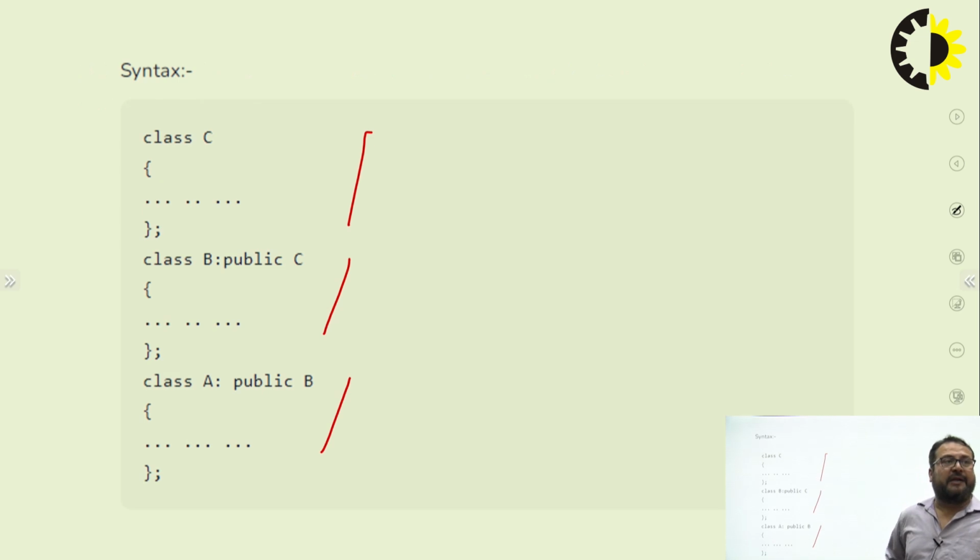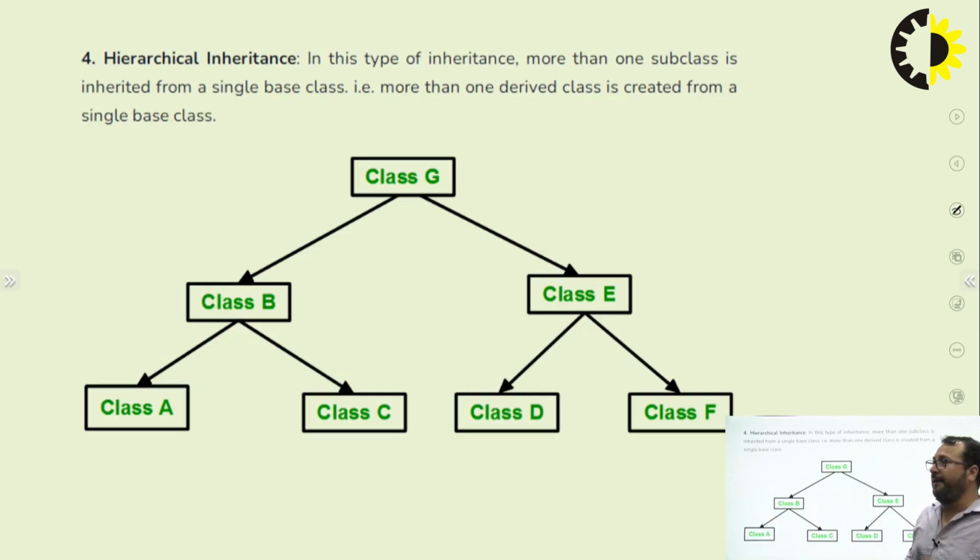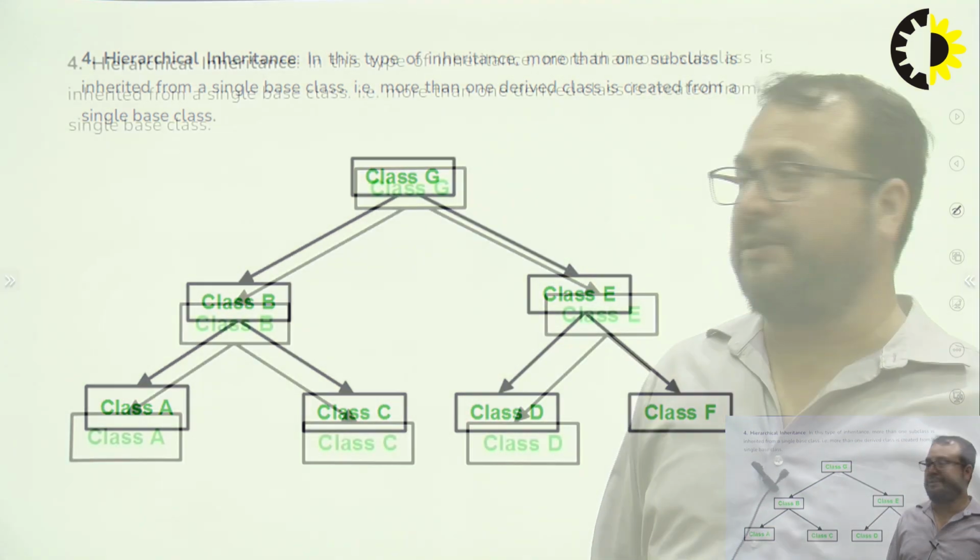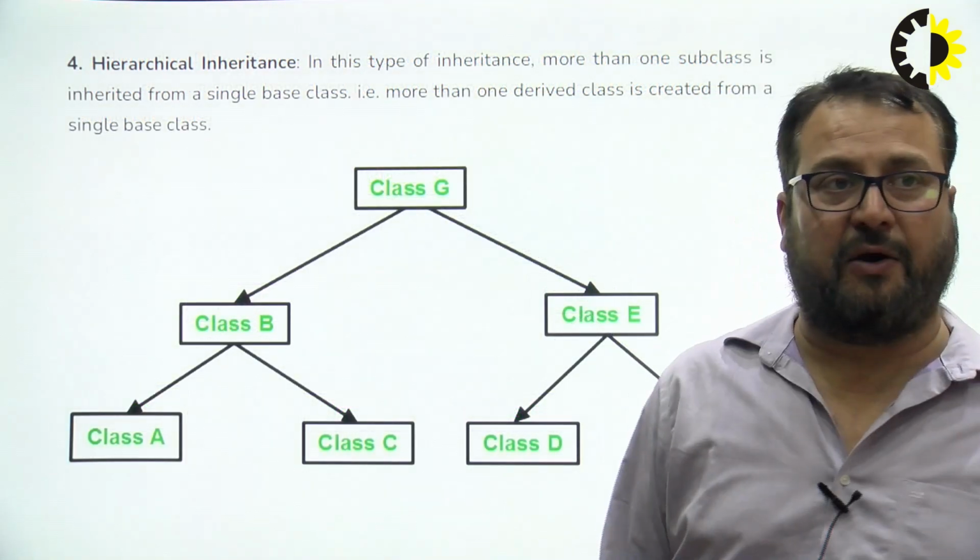Multi-level we have already discussed. Then we have hierarchical inheritance. Hierarchical inheritance is just like a tree structure. In a tree, a node has two or more children, and then a descendant could have further children. So hierarchical inheritance is a tree kind of structure, like we see in data structures.